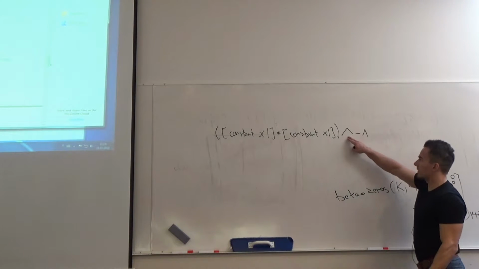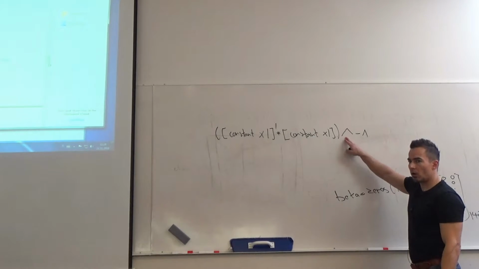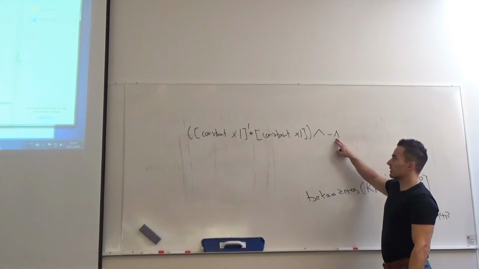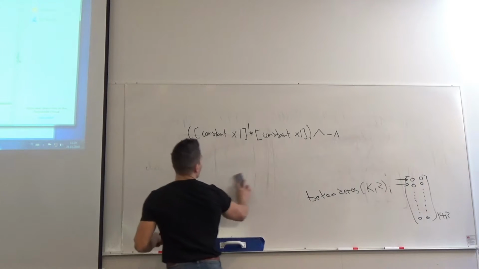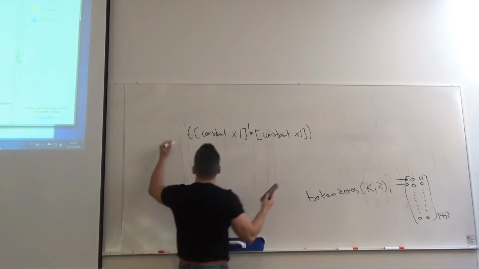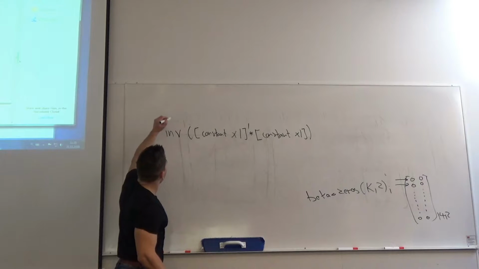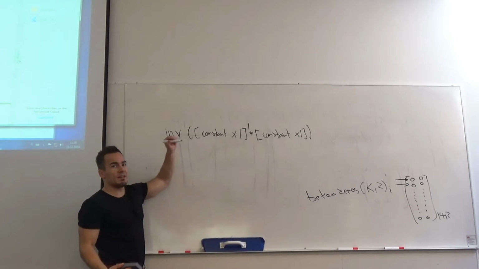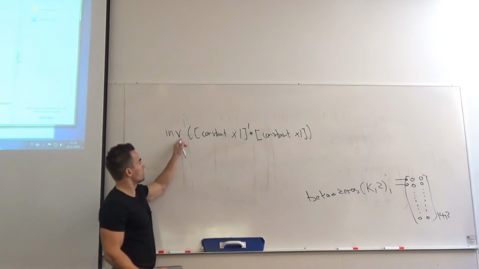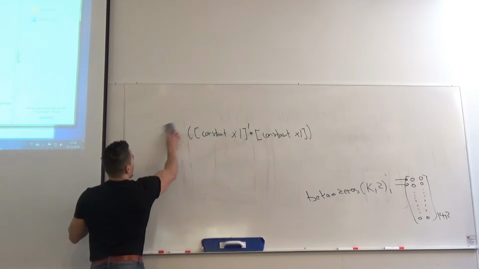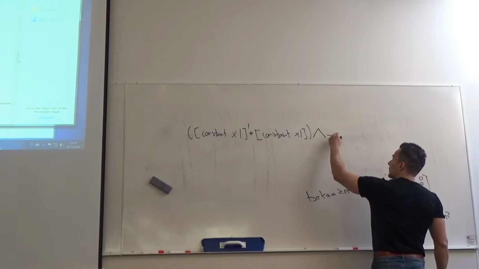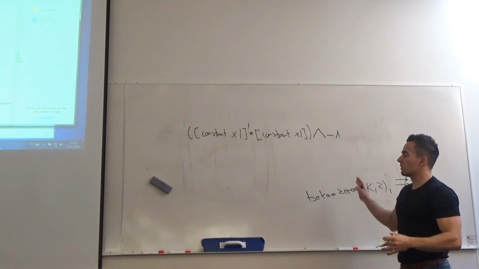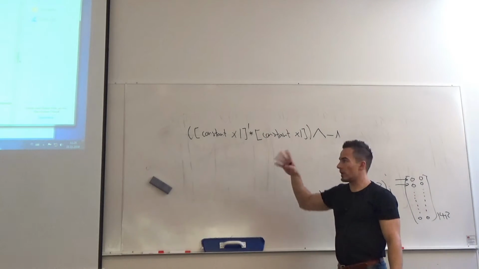This means take what is in parentheses to the power of -1, which means we have to invert it. As an alternative, you will get the same estimate if you write INV, which means the inverse of what is in parentheses. But you can also write it as the formula to the power of -1, which also means take the inverse of whatever is in parentheses.